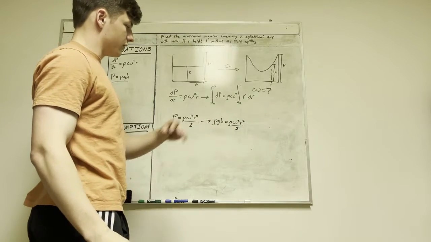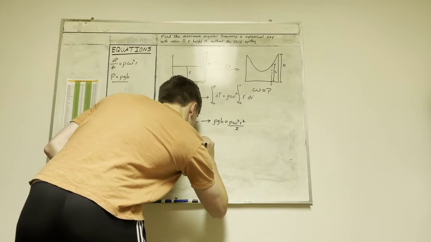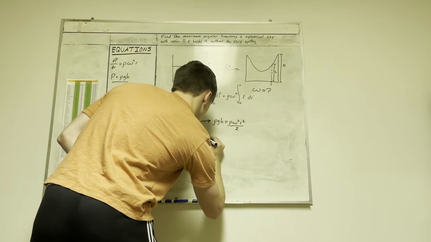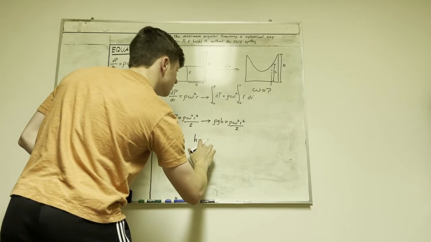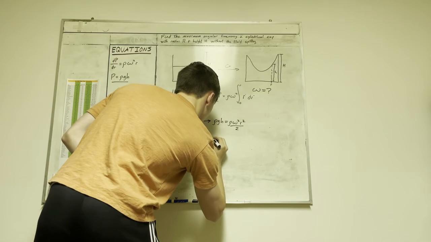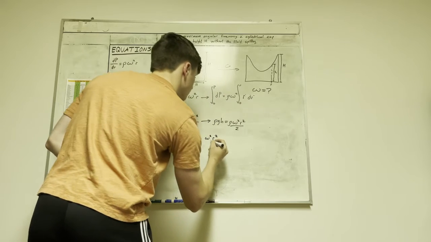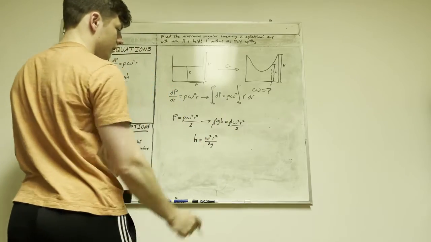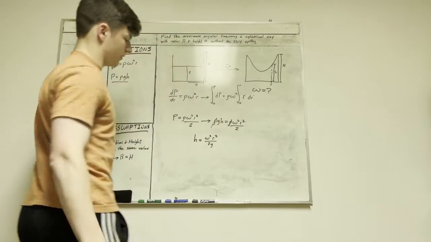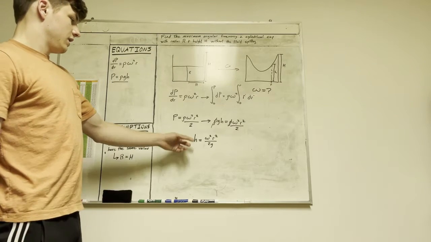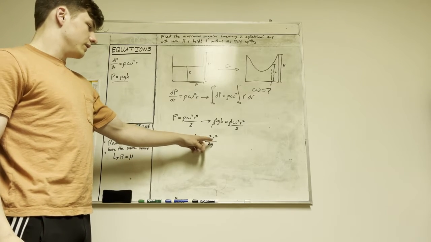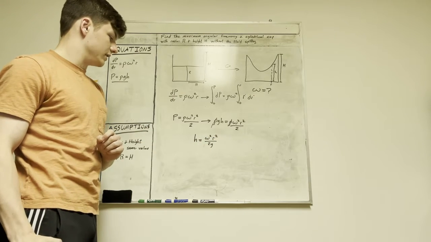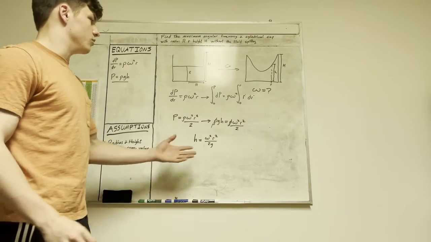Then we can move terms over and cancel, and the rho cancels, and we really just moved the g down. So we now have the height is equal to the angular frequency squared times your radial coordinate squared divided by 2 times the acceleration due to gravity. Now that we have this, we can move forward on our next step.